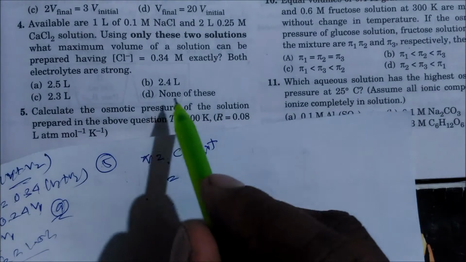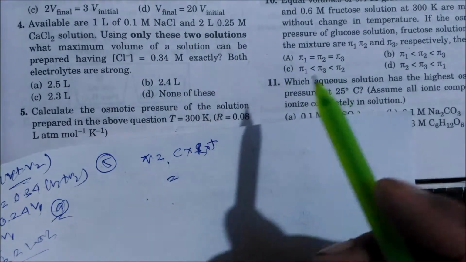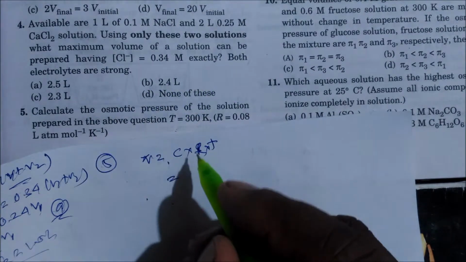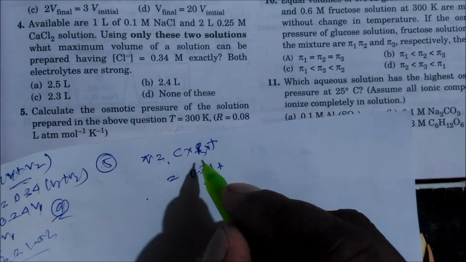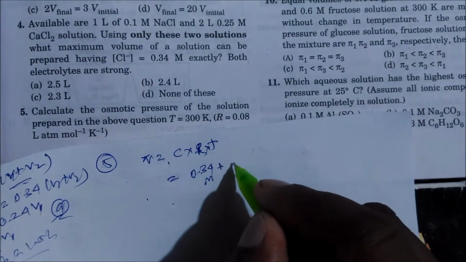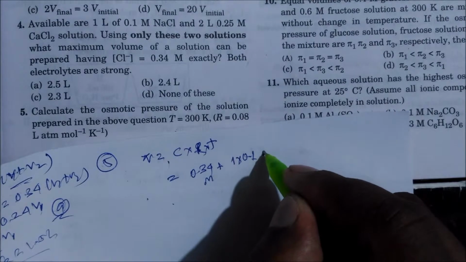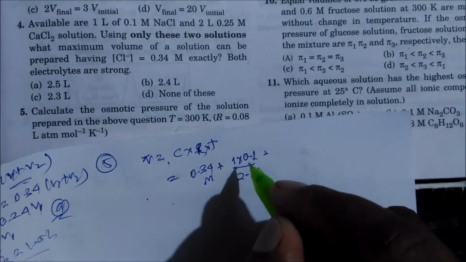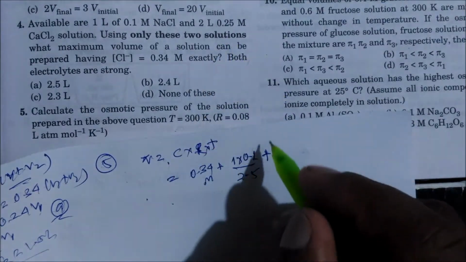Now for concentration we have one NaCl and one 0.25 solution. So for concentration of Cl we have 0.34 molarity, and one concentration we can write here 1 into 0.1 molarity, that is 1 liter into 0.1 molarity, and this is the moles divided by 2.5 liter, and next is your 0.25 molarity.